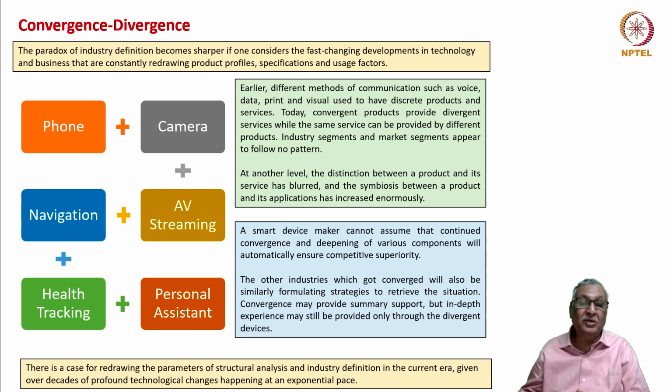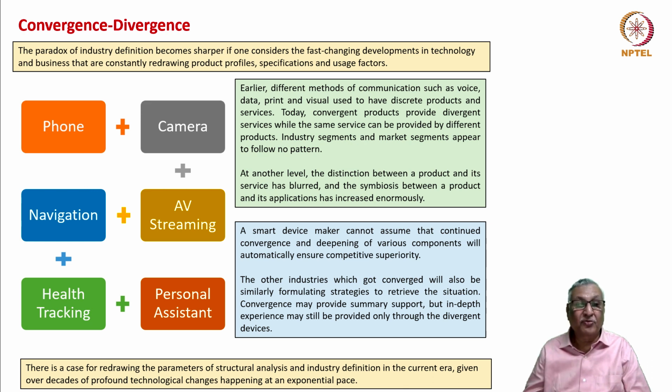So divergent devices continue to have their relevance, but each device will try to see how they can integrate these divergences and provide superior convergence as well as superior convenience for the users. So the structural analysis framework has to be redrawn given this kind of fluidity in the structural parameters, given the fluidity in the definition of industry in the current era.